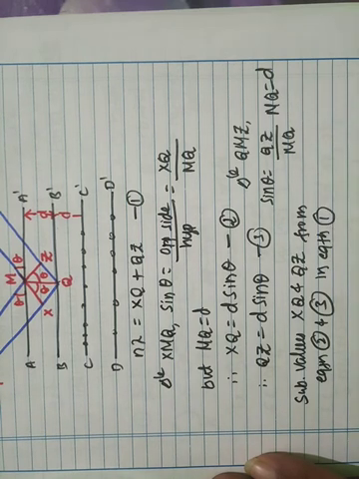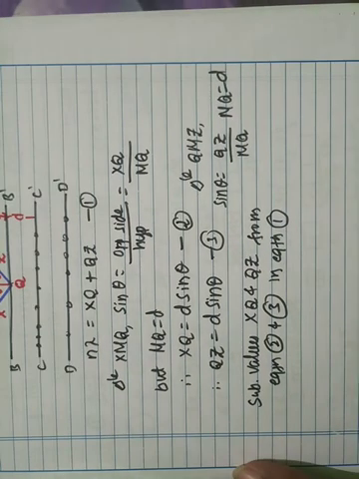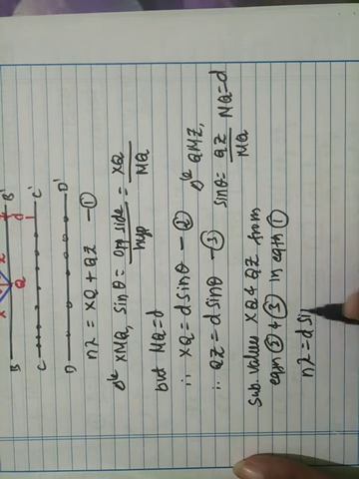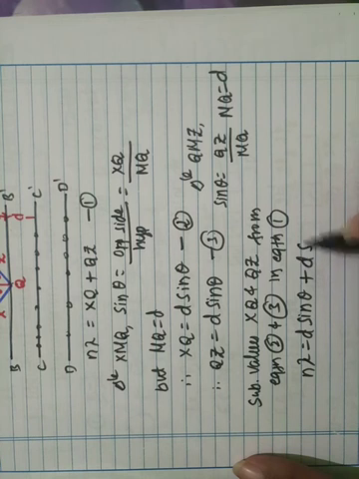So n lambda is equal to d sin theta plus d sin theta.